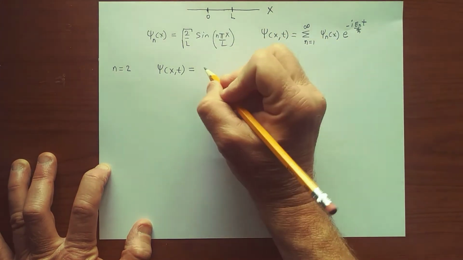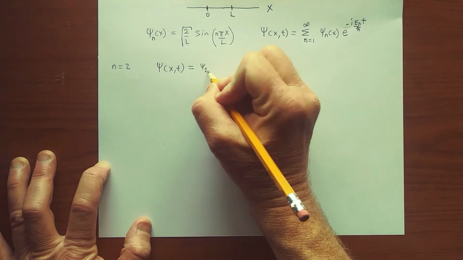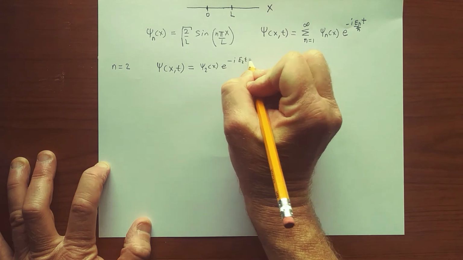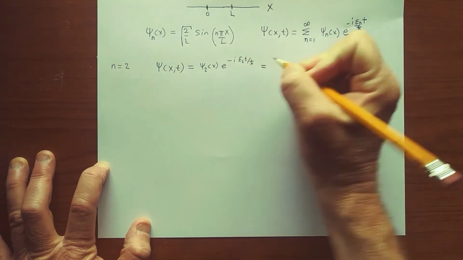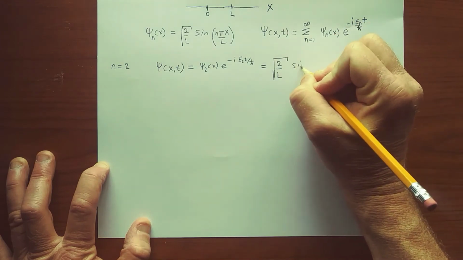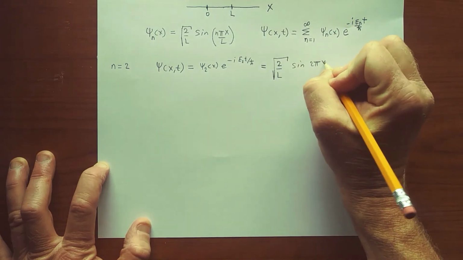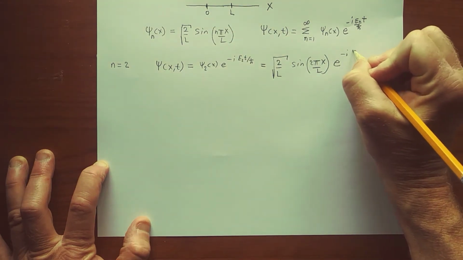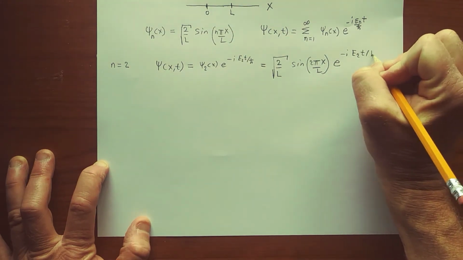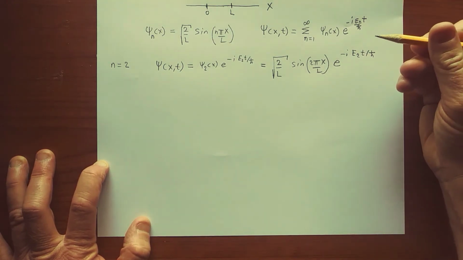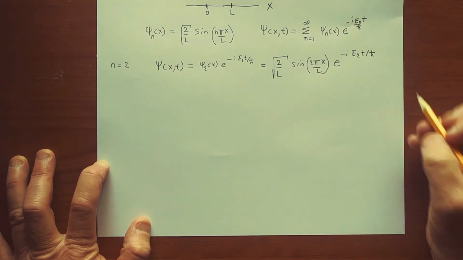Psi 2 of x, e to the minus i E2 t over h bar, which is root 2 over L sine of 2 pi x over L, e to the minus i E2 t over h bar. Again, what's E2?